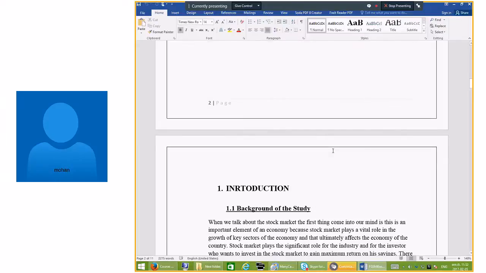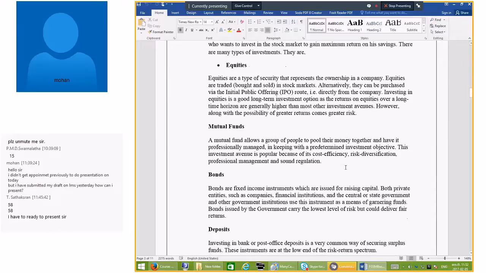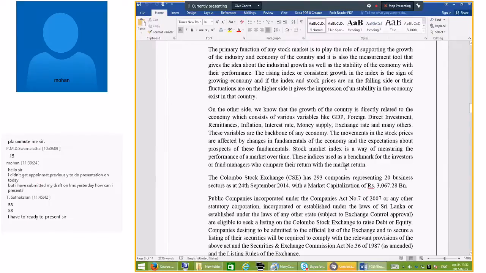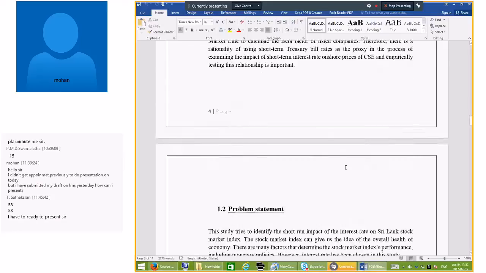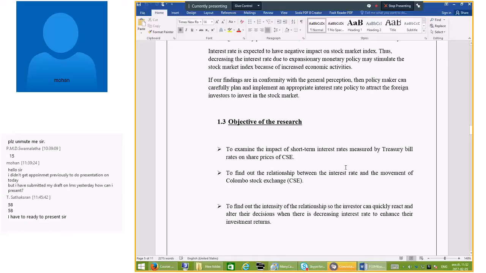The topic is impact of interest rate on the stock market in Sri Lanka. It is significant for the industry and also for the investor. The stock market plays a role in the industry and economy of the country.